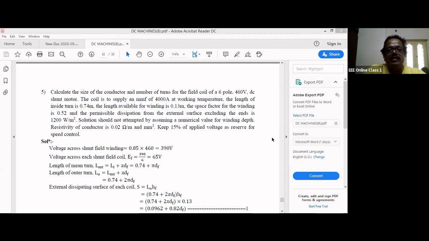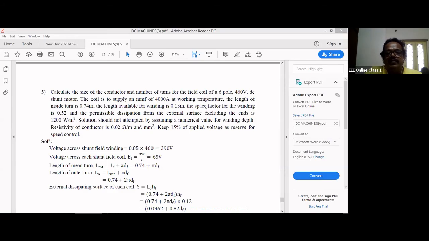Calculate the size of the conductor and number of turns for a field coil of a 6-pole, 460 volt DC shunt motor. The coil is to supply an MMF of 4000 amperes at working temperature. The length of the inside turn is 0.74 meter, and the length available for winding is 0.13 meter.